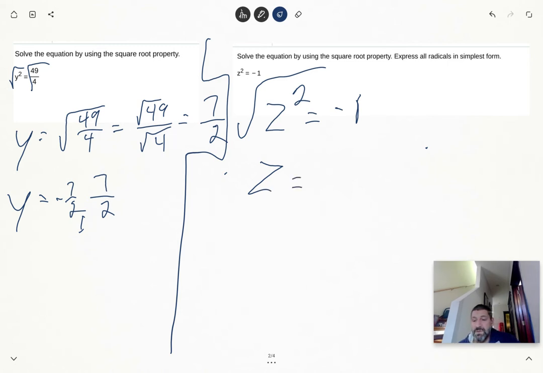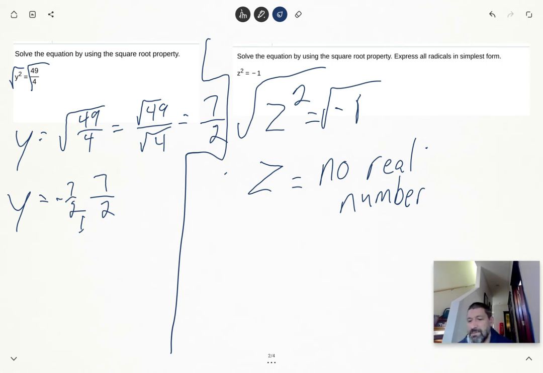But what number times itself gives us negative 1? In other words, what's the square root of negative 1? 1 times 1 is 1, so it's not a positive 1. And negative 1 times negative 1 is also positive 1. So there is actually no real number.